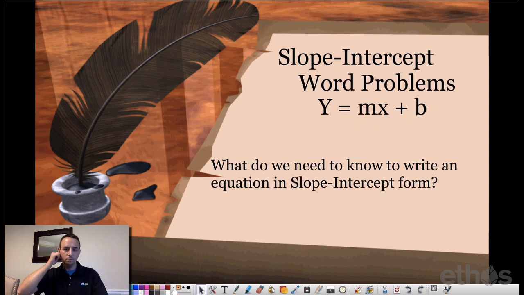Okay, so we'll start with slope-intercept form. Slope-intercept form requires two things. If you think about it, to do slope-intercept you have to have slope and intercept. So what do those translate to in this idea?